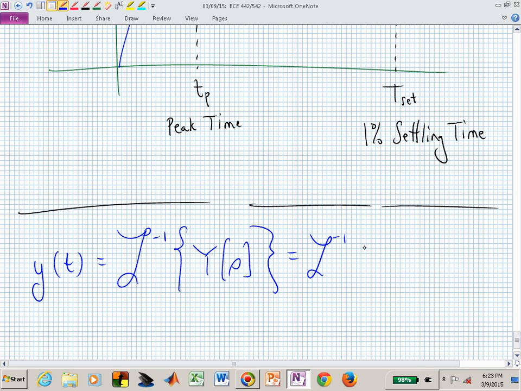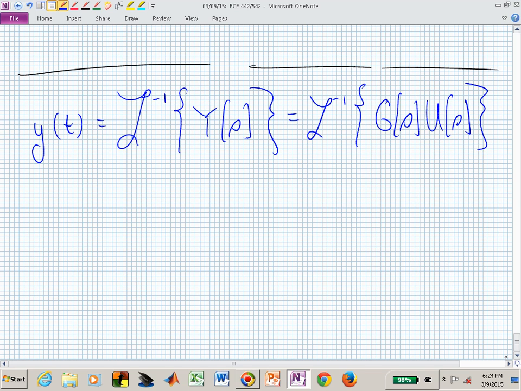And that's just the inverse Laplace transform of our pure second order system. And now I am using U of s as an input, or the Laplace transform of our input.